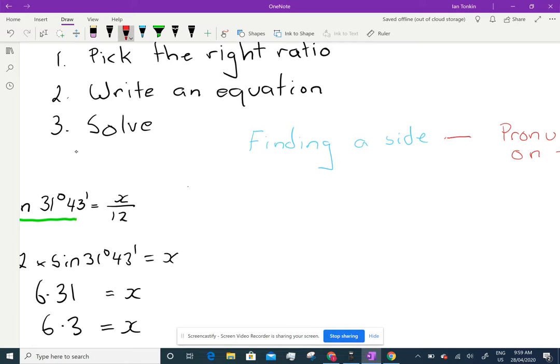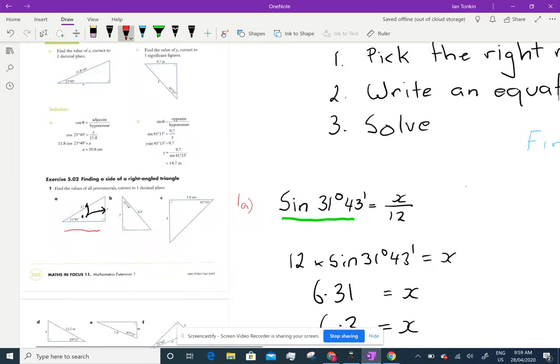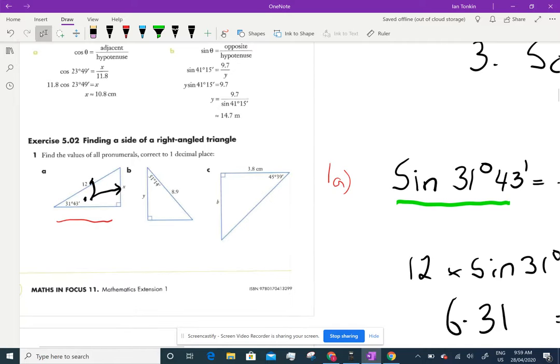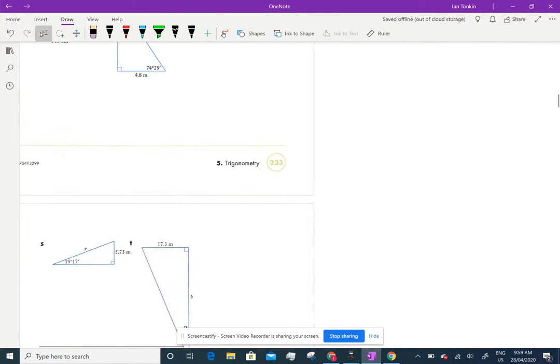Okay. What about the pronumeral, which is the unknown side, underneath in the denominator? Well, if the pronumeral is in the denominator, we're going to divide. But remember, order is important when you divide. So let's find a question here. B is going to be the pronumeral on top. 10, that over that, that's going to be pronumeral on top.